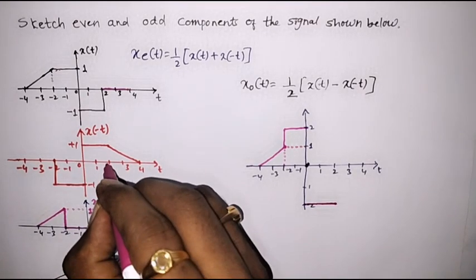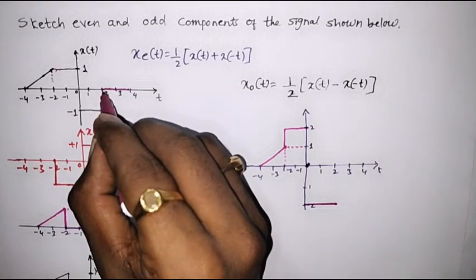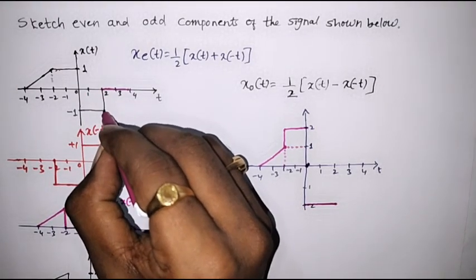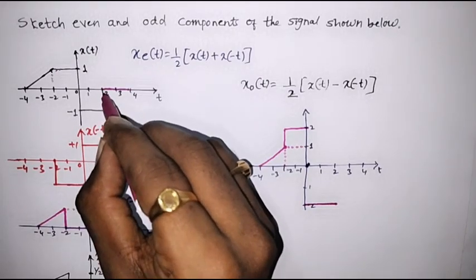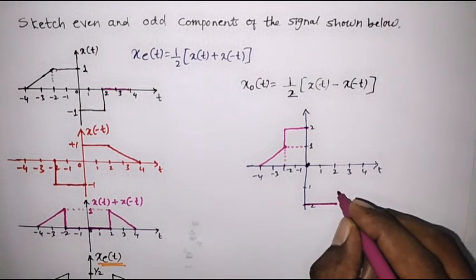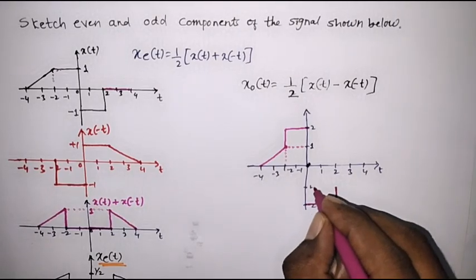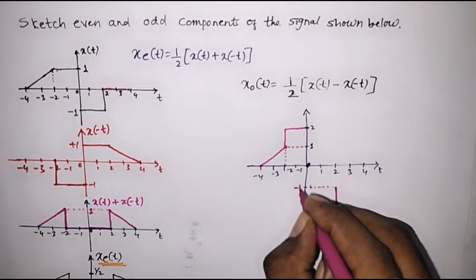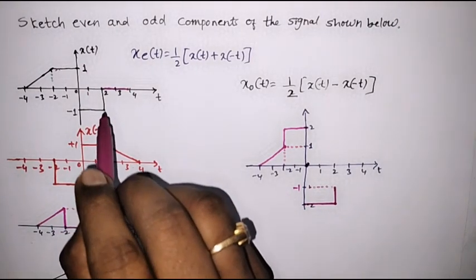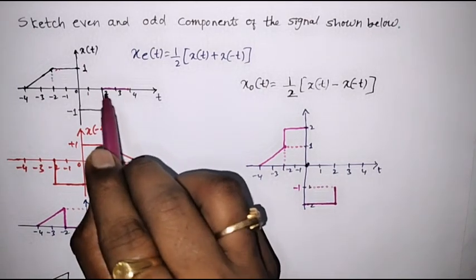Now at t equal to 2, its value is plus 1. At t equal to 2, its value has become 0. That is fallen from minus 1 to 0. So 0 minus 1 will become minus 1. So the signal will go down to minus 1 here. This is the minus 1 value. So now for t greater than 2 to 4, its value is 0.